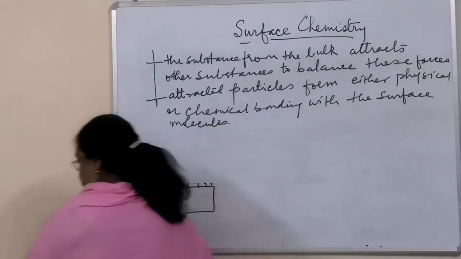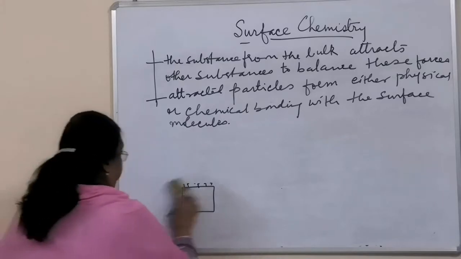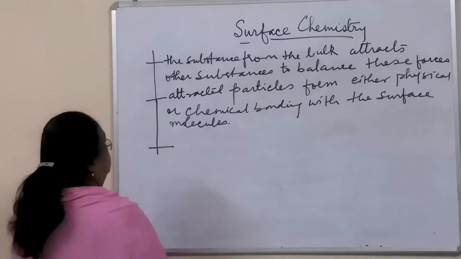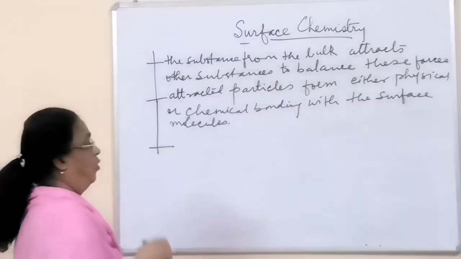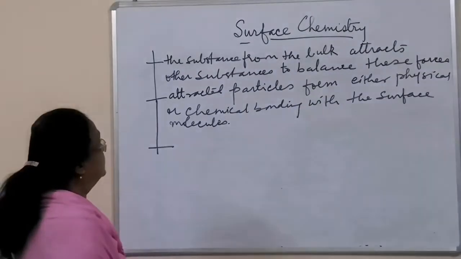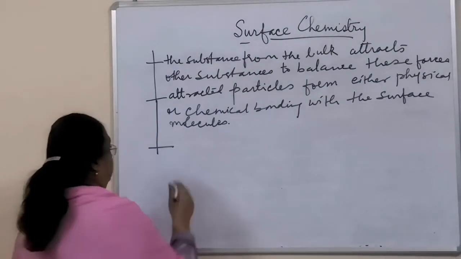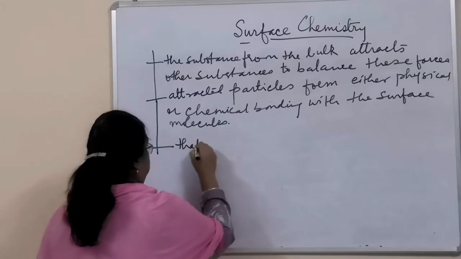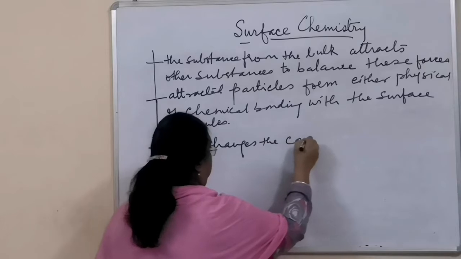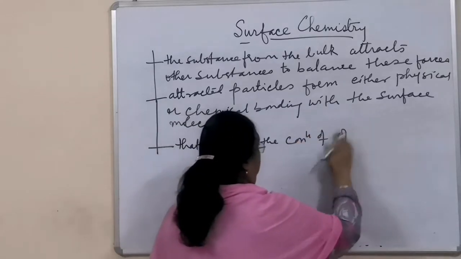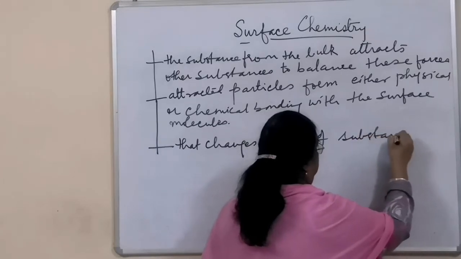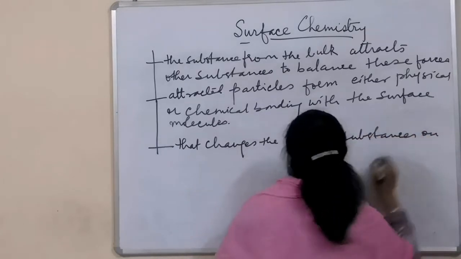When they establish the bonding with the surface molecules, the concentration of the substances attracted over these solids is increasing. So that changes the concentration of substances on the surface.